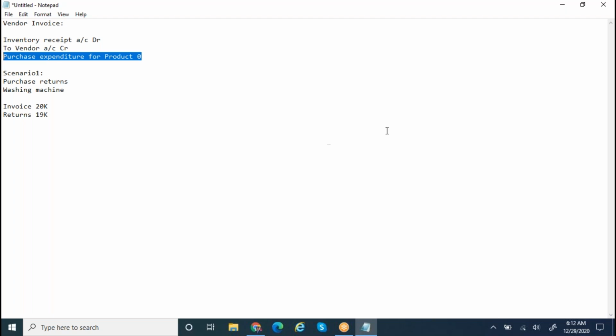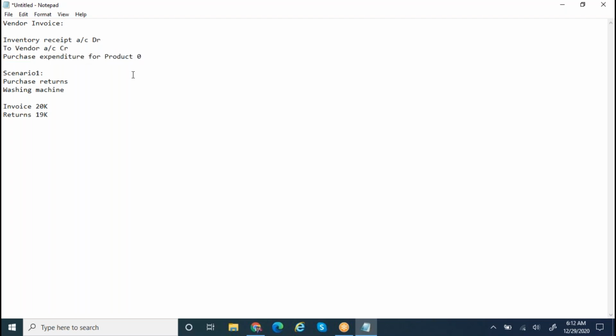Are you getting my point? During the invoice you updated only 20K, but during the return against that invoice we took 19K only. The vendor account should be nullified, but we are getting only 19K. So 20K is updated here, 1K will be updated to this one, and the net effect is 19K only.